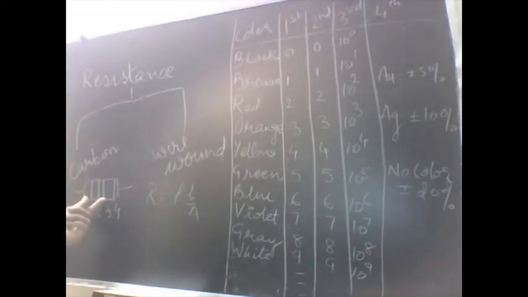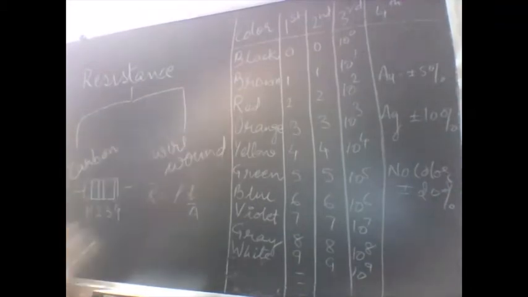The first three rings are very close to each other, and the fourth one is at a little distance from the third one, and each ring has its specific value. If I need to decode the value of this carbon resistor, I need to follow a color coding table. So what is that color coding table?